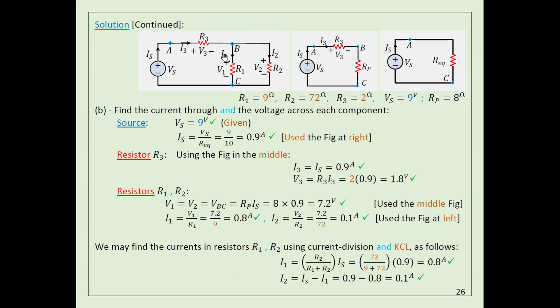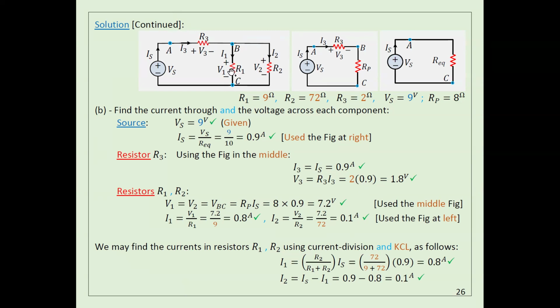Now, how can I get I1 and I2? Okay, you already have a formula because IS is going to be divided between I1 and I2. I can do it in 2 different ways. Okay, the first way, I already know IS, which is 0.9, right? So I know the current here is 0.9. If you want to get the current here, you already have a formula to do that.